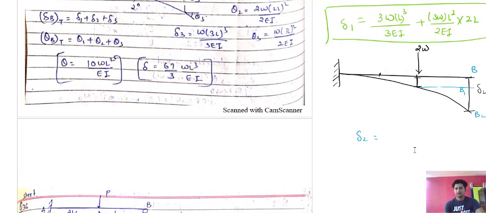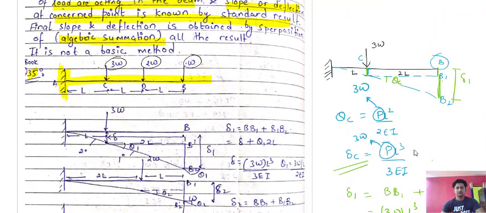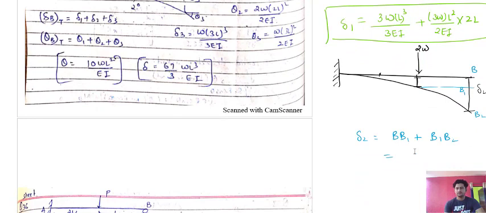So here for calculating the value of delta 2, again it is B1 and it is B2. So delta 2 will be B1 plus B1B2. Now B2B1 will be the deflection value which is due to this load, and this is D point. So this B1 will be equal to the deflection at D. You can see that if this point load is acting at the cantilever beam, the value for deflection is PL cube upon 3EI.